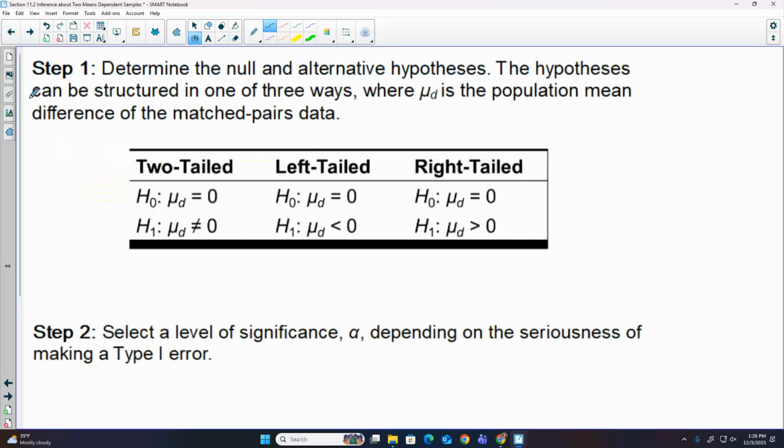So, with these, we have to look at a null and alternative hypothesis, same as we have been doing. But since these sets are related, we're going to be looking at the mean of the difference. So maybe I gave you a pre-test and a post-test for a chapter. That data would be dependent because I'm not going to compare Selby's pre-test to Grady's post-test.